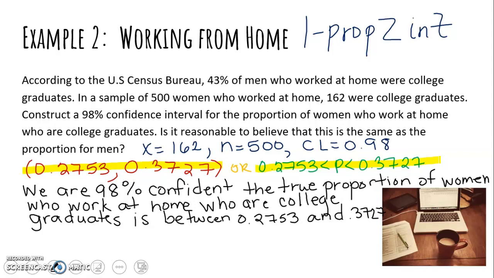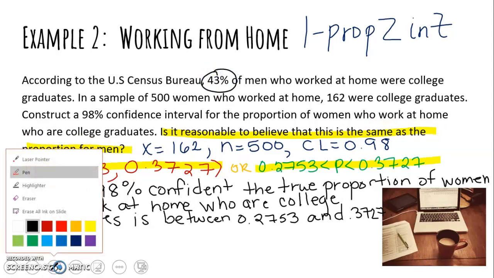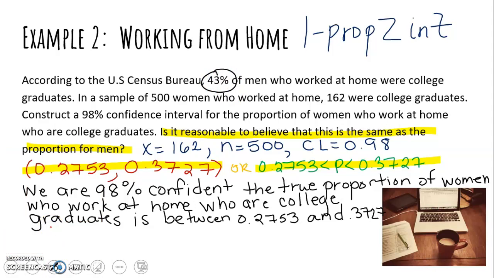Now, the question was, is it reasonable to believe that this is the same as the proportion of men? So what was the proportion for men? That proportion was 43%. So here's the question. Does 43% fall in between the boundaries for that confidence interval? No. That confidence interval estimates the proportion to be between around 27.53% and 37.27%.